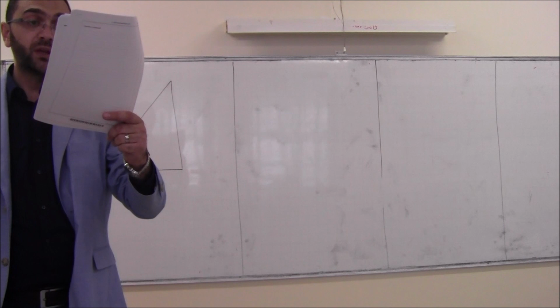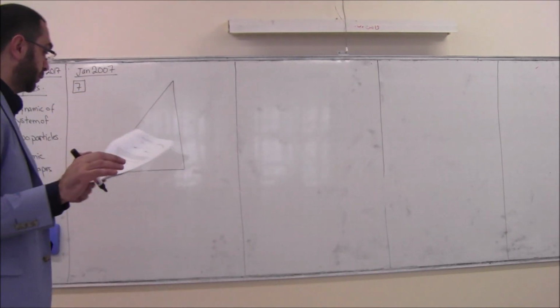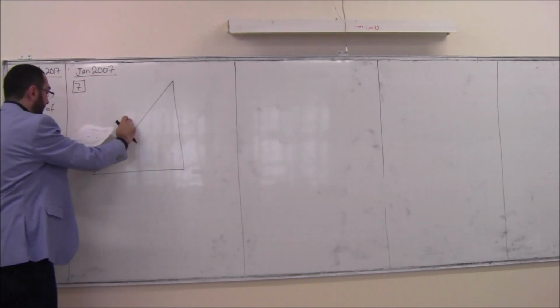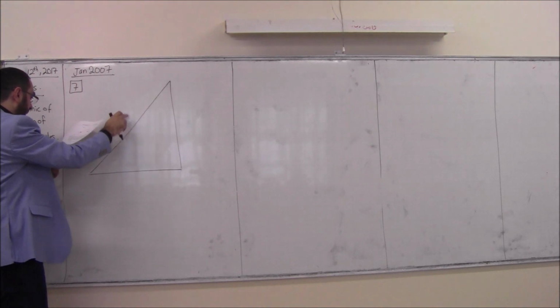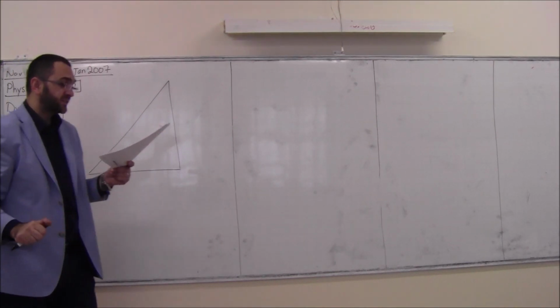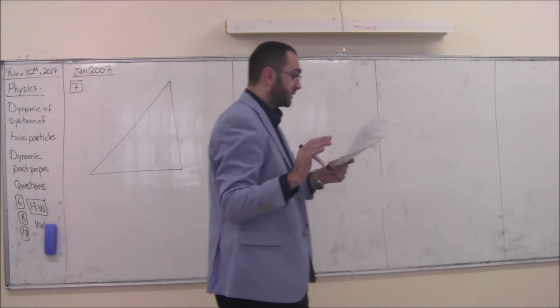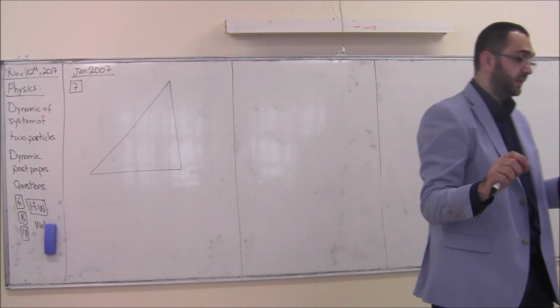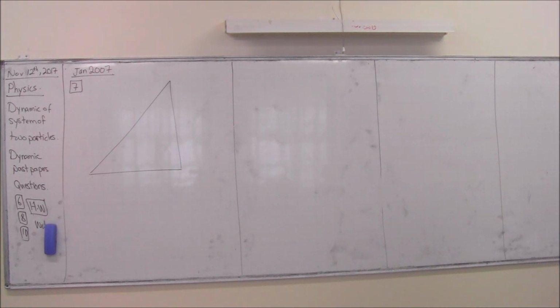Initially, P is held at rest on a fixed smooth plane inclined at 30 degrees to the horizontal. The string passes over a small smooth light pulley A, fixed at the top of the plane.